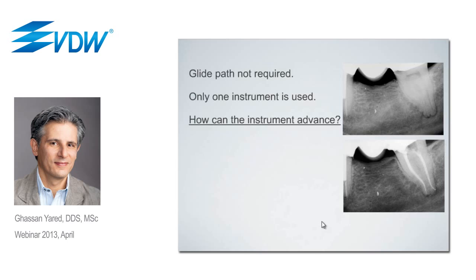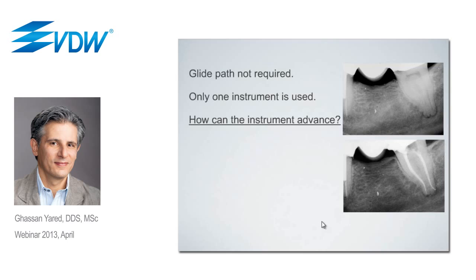By creating a glide path, we are decreasing the incidence of binding. In reciprocation, because of the angles and the movement that we are using, binding will occur much less frequently, and even if the instrument binds, it will not fracture.